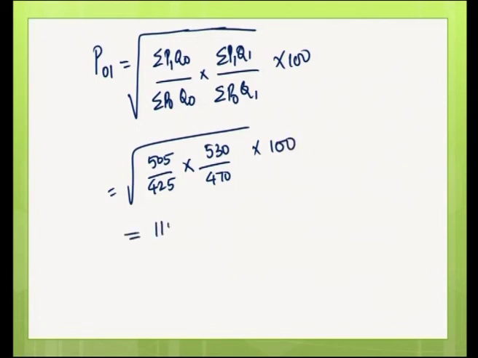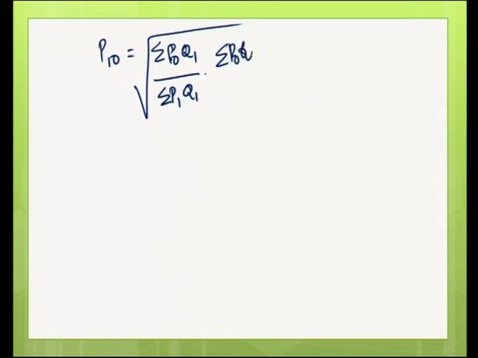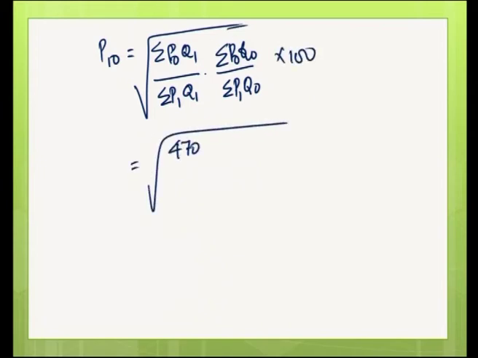The answer is 115.76. Similarly, P10 is equal to the root of summation P0 Q1 by summation P1 Q1 into summation P0 Q0 by summation P1 Q0, into 100. Substituting the values, 470 by 530 into 425 by 505, into 100, the answer is 86.38.